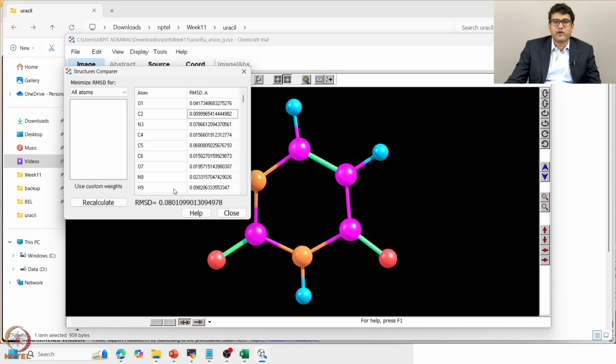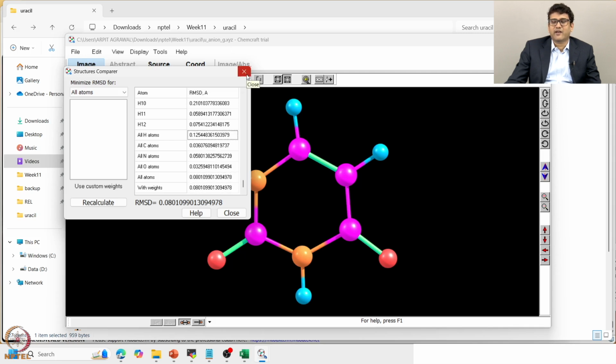So it's 0.08 on average, and it's mostly the position of the hydrogen atom which undergoes a significant change in this case due to the formation of the anion.